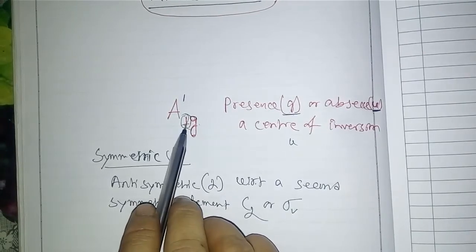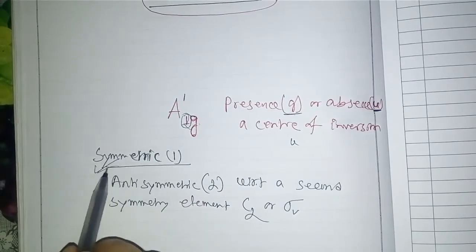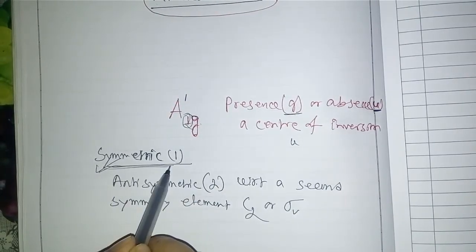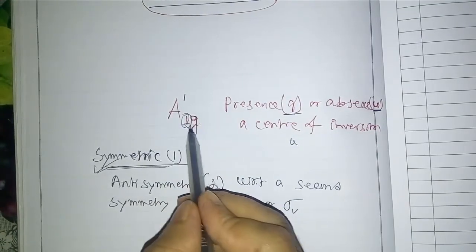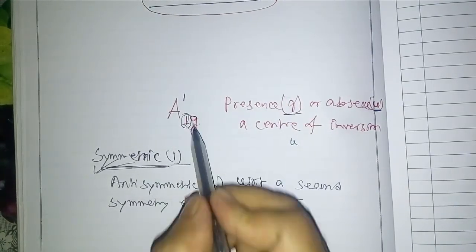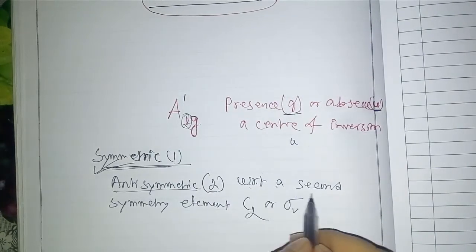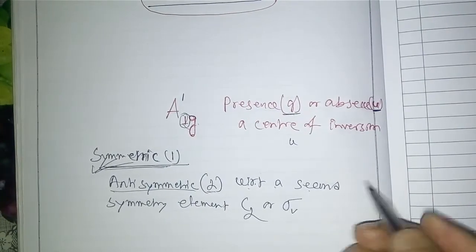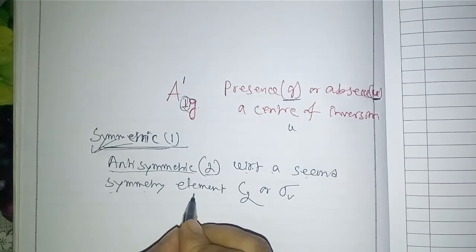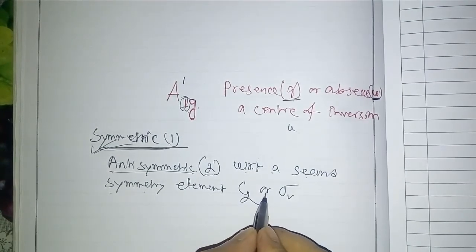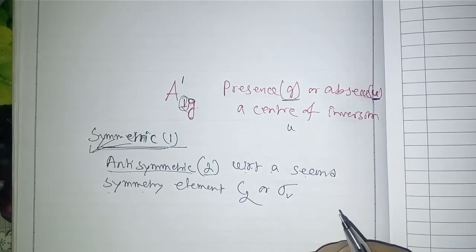So suppose here 1, then you can use symmetric. That means if 1 is present, that's symmetric. If 2 is present here, that's anti-symmetric with respect to the second symmetry element, C2 or sigma v.